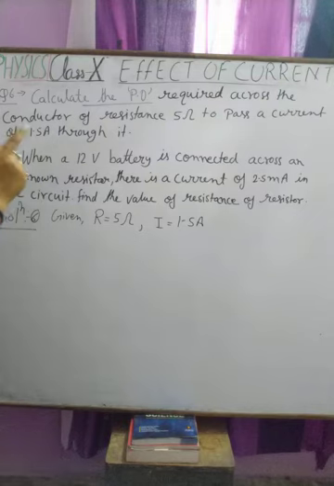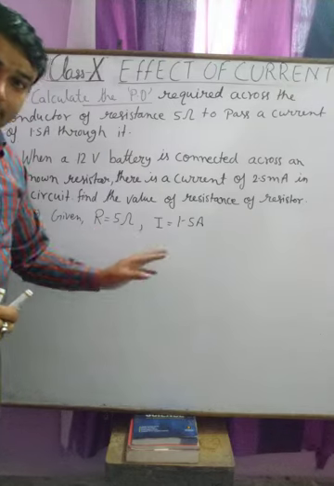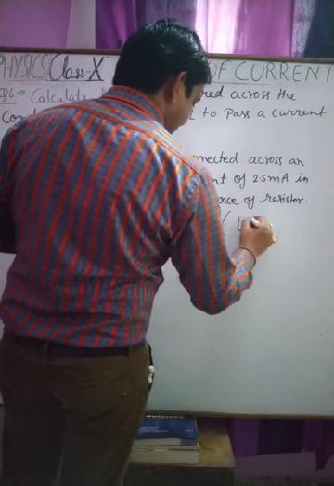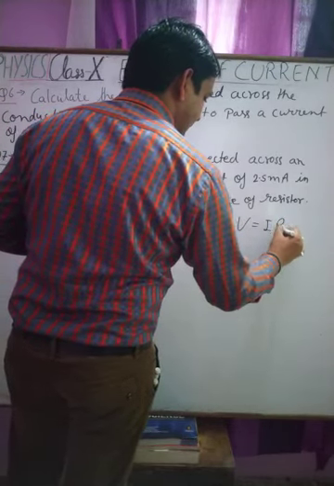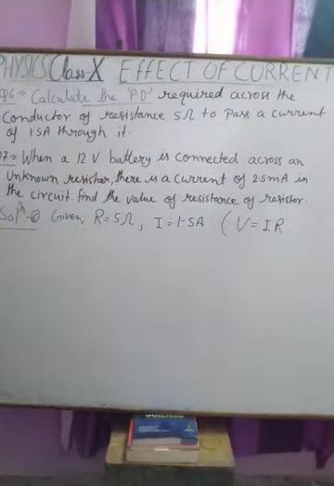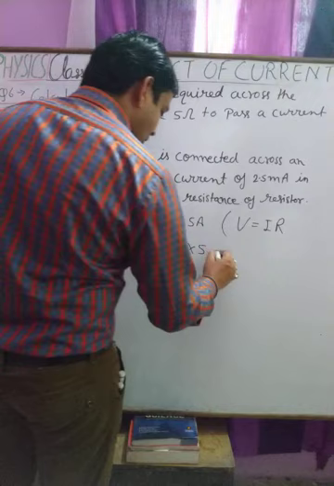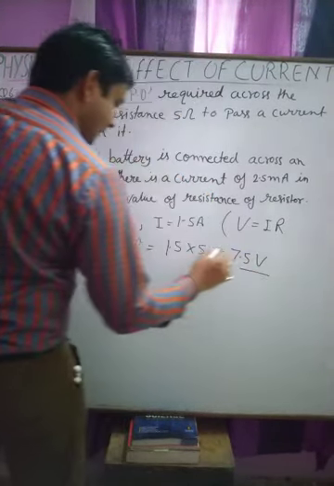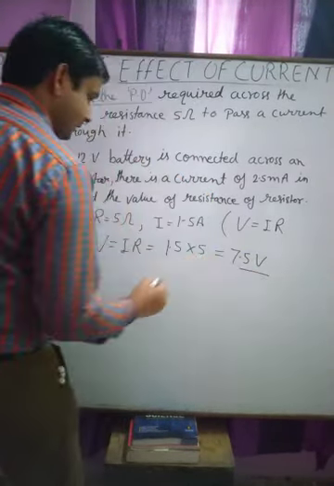For calculating the potential difference we have the resistance and I, and according to Ohm's law we have the potential V is equal to IR. We are using this formula here. V is equal to IR and we have 1.5 into 5. On solving this we are getting 7.5 volt. This is the answer of question number 6.